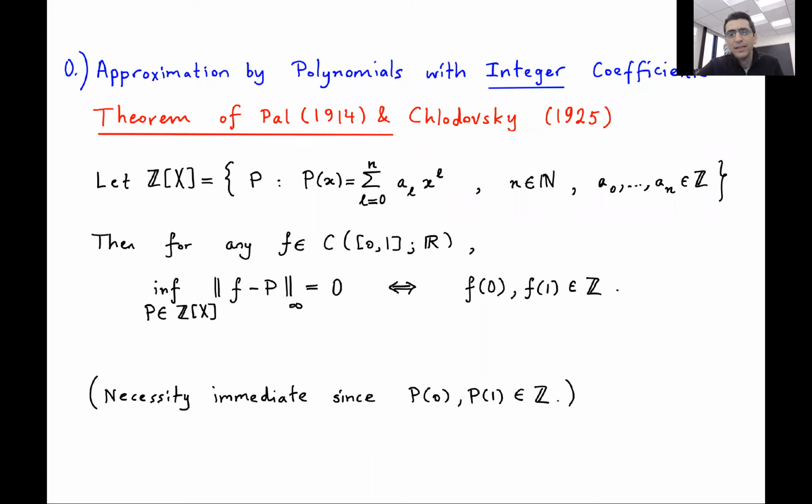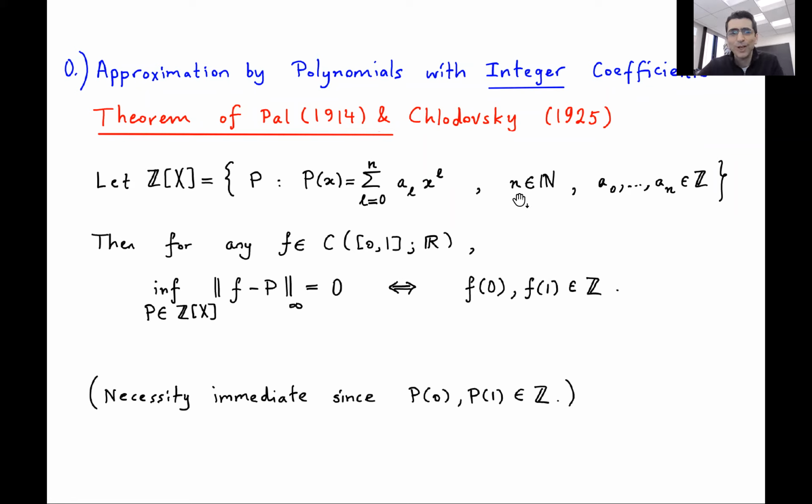The reason is that all of these polynomials with integer coefficients will also have integer values at the endpoints, by the nature of the coefficients and the domain. But it turns out to be not only necessary, but also sufficient.